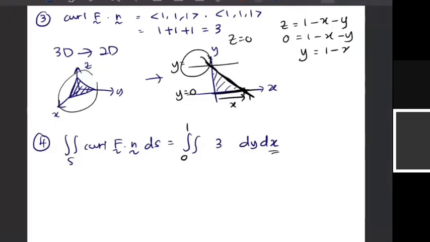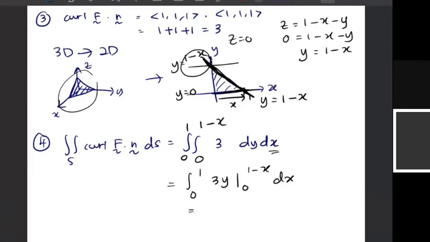Okay, what about y? y equals 0, the lower part is 0, until this line, until y equals this part given by the formula of the tetrahedron. We have z equal to 1 minus x minus y.